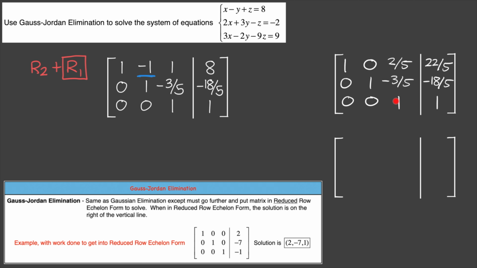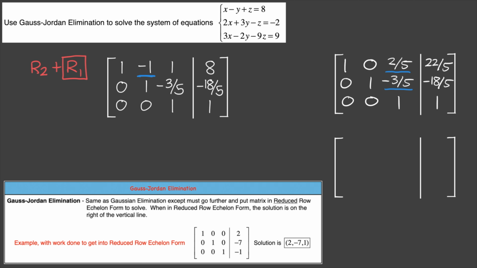Next we want these two to be zeros, and then it'll be in reduced row echelon form. See how there's zeros here? We want the negative 3/5 and the 2/5 to both be zeros. We have to do 2 steps here. What should we multiply? We have to use the bottom row to make these zeros. What should we multiply the bottom row by to make the top row here a 0?